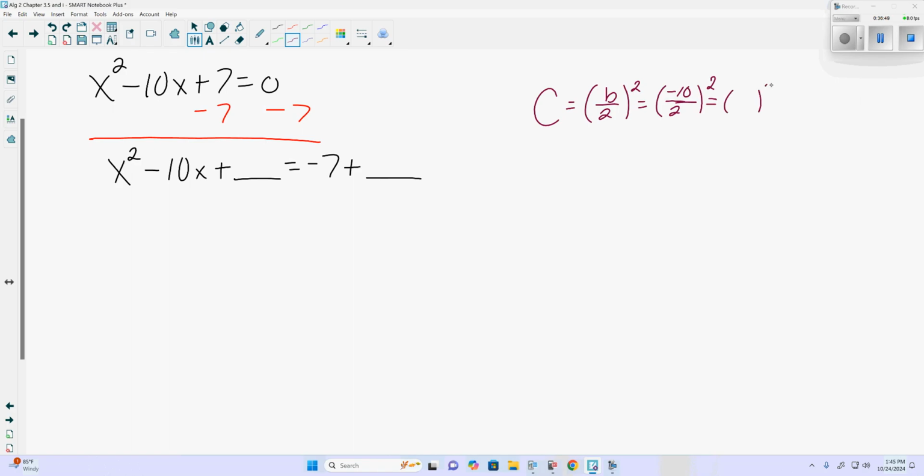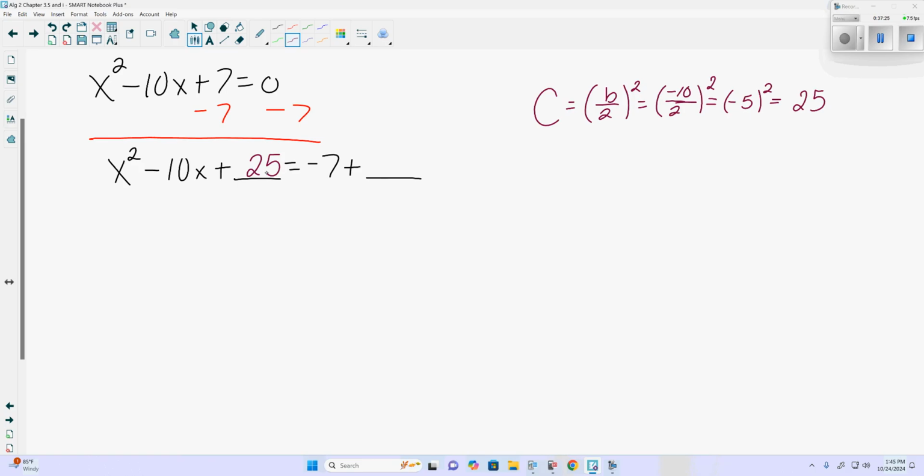And again, it's not wrong to go on and plug it in as negative 10 over 2 inside parentheses squared, but it's good to divide it first, because negative 10 divided by 2 is negative 5. It's telling me what's going to go inside that parentheses when we factor. Now negative 5 squared, negative 5 times negative 5, is 25. So our perfect square trinomial would be x squared minus 10x plus 25.